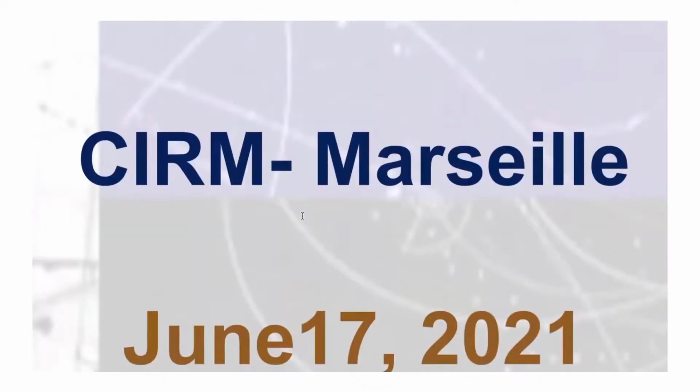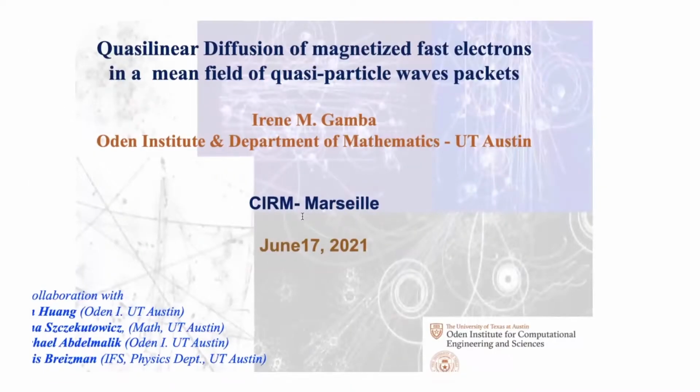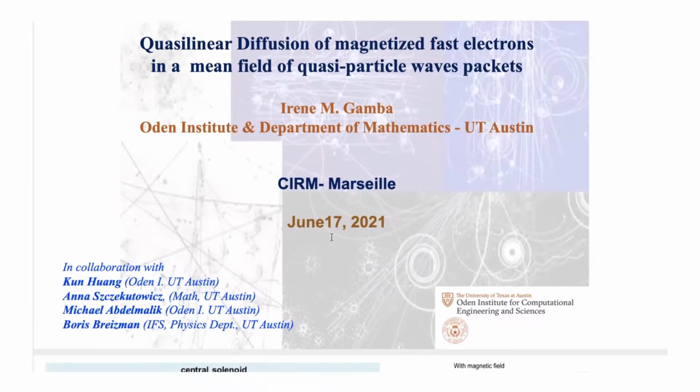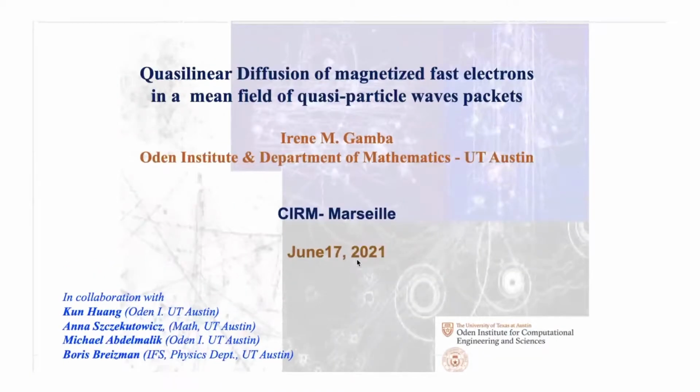So what I wanted to talk about is something that I've been developing in the last year with collaborators, essentially Kun Wang, a graduate student at the Cirm program at UT Austin, Anna Stekovich from the mathematics department, Michael Abdel Malik, who was a postdoc at Oden Institute also, and Boris Breisman, who is here.